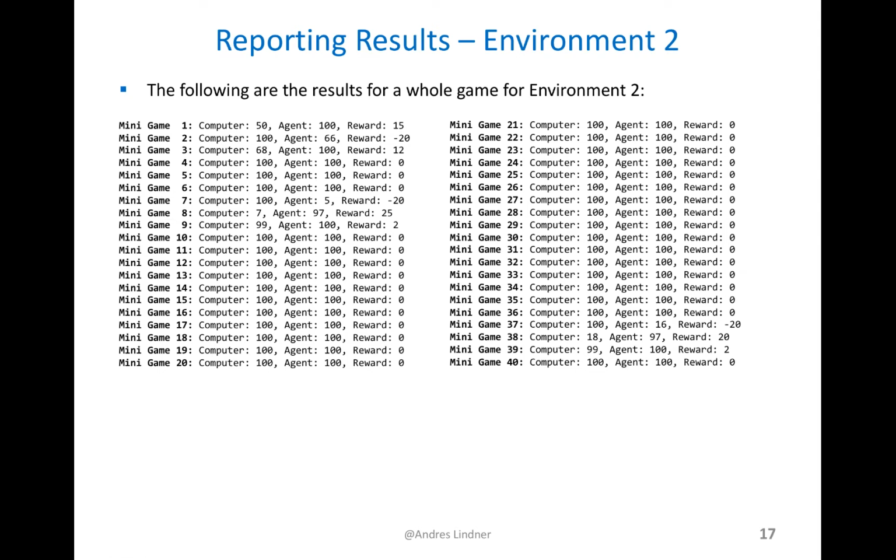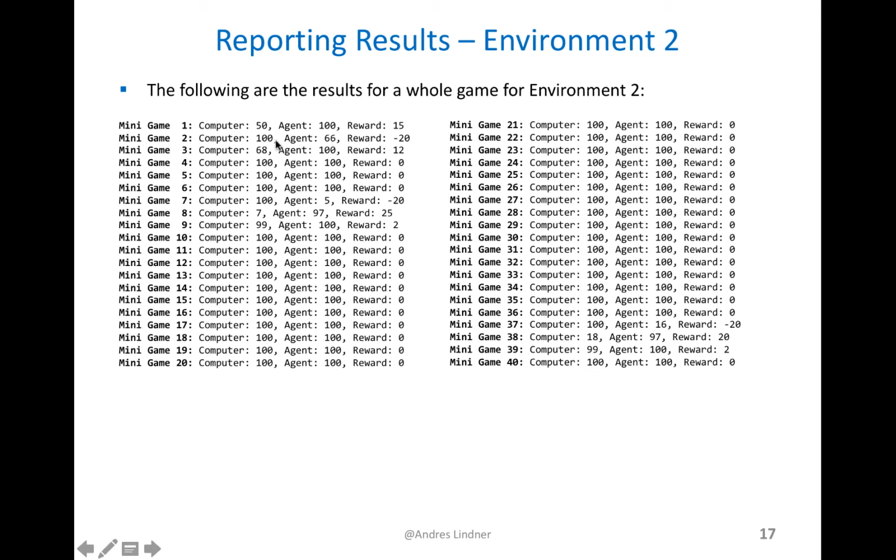And for environment number 2, these are the first 40 mini games after almost 300 episodes of training, 3,000 games. So let's see what it does. When the computer chooses 50, the agent chooses 100, which is pretty good behavior.